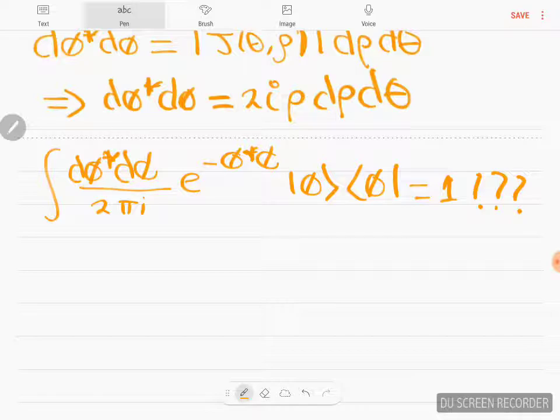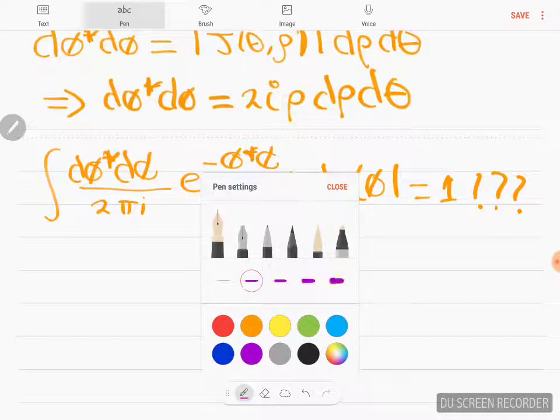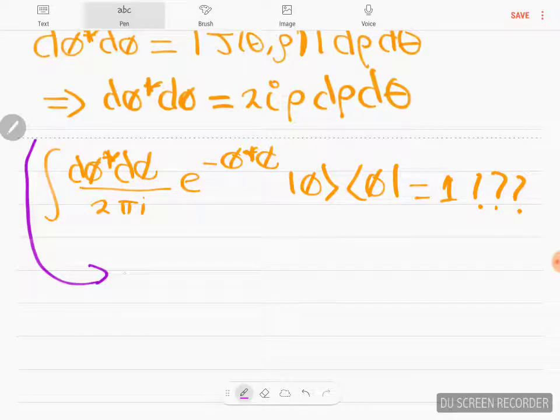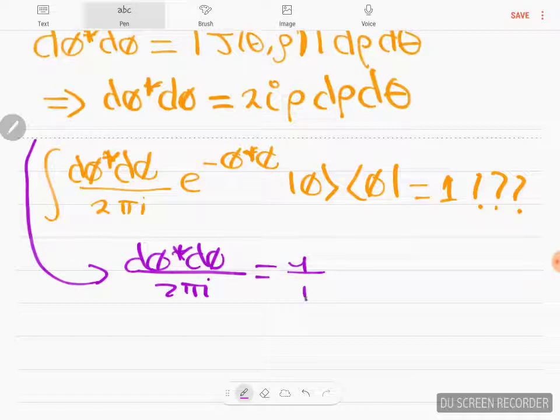So if I divide both sides above by 2 pi i, then I get that d phi star d phi over 2 pi i is equal to 1 over pi rho d rho d theta. So then I can write this integral in the following way.